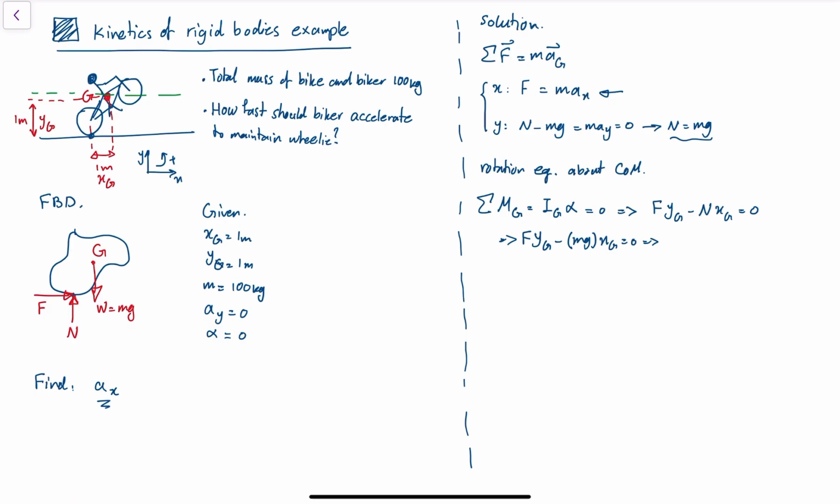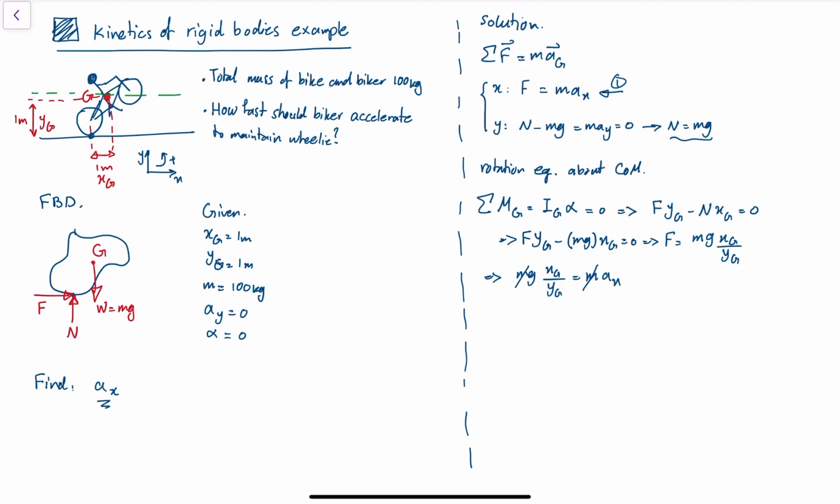So from here, noting that the bike doesn't accelerate vertically, I can calculate F. F is mg xg divided by yg. And finally substitute everything back in my first equation. I have mg xg over yg equals max. Masses cancel out.